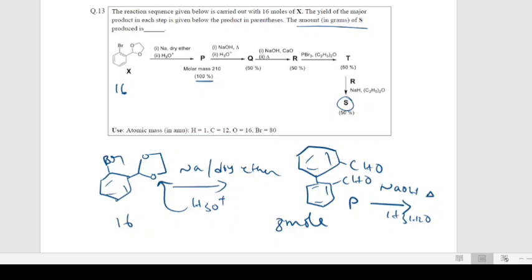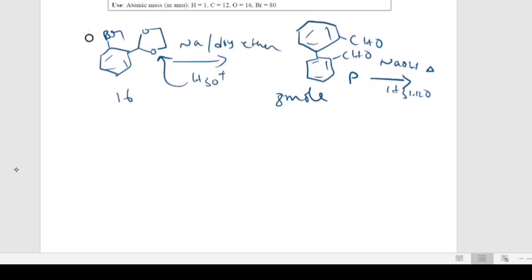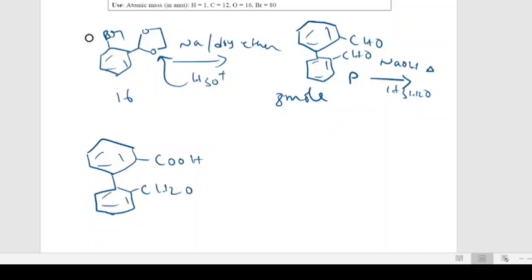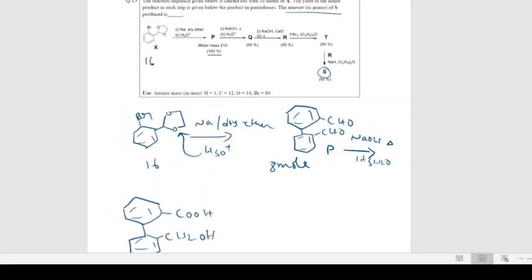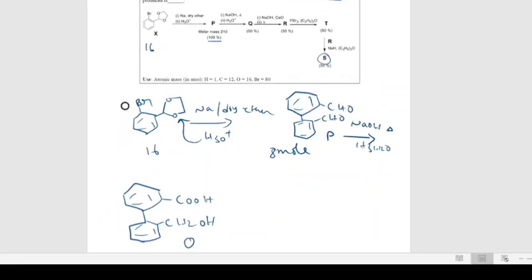Internal Cannizzaro reaction, if we consider, you will get the compound as one is undergoing oxidation, the other is undergoing reduction, so COOH, and here you will get CH2OH, right? So this will be the compound Q.